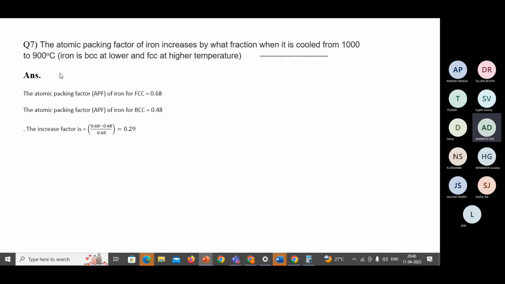Okay. So the APF of iron for FCC is 0.68 and BCC is 0.48. This is a standard value. You don't have to memorize this to solve such questions, or it will be provided in your question paper. So the increase factor is directly 0.68 minus 0.48 divided by 0.68. This comes as 0.29.